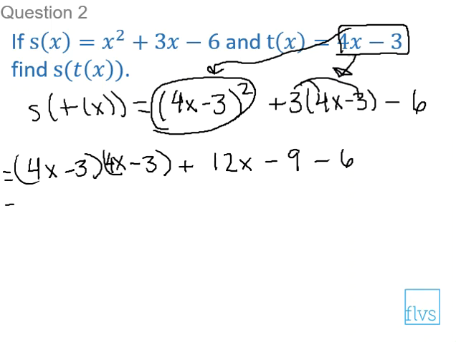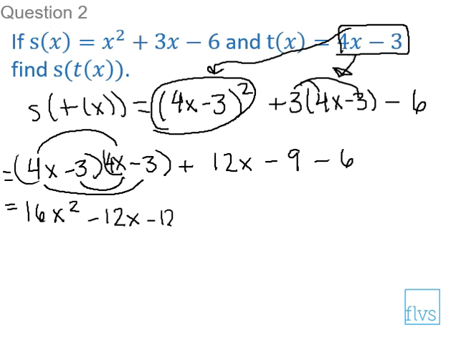If you remember, we're going to use FOIL first. So 4x times 4x is 16x squared. Outside, 4x times negative 3 is negative 12x. Inside, negative 12x again, and then last, negative 3 times negative 3 is positive 9.